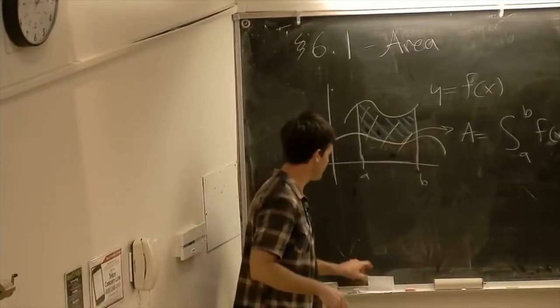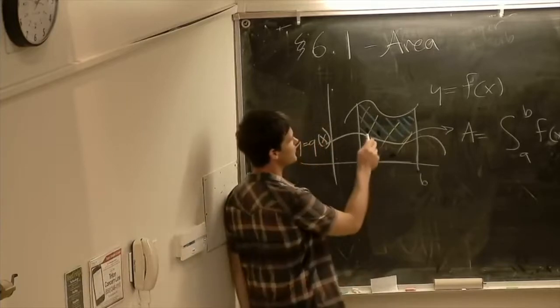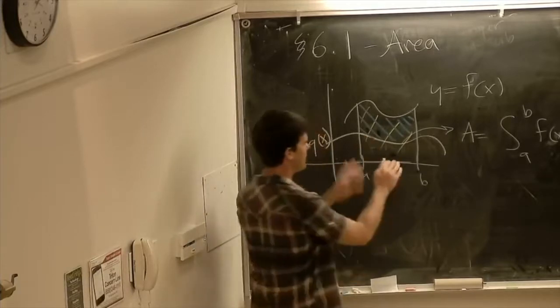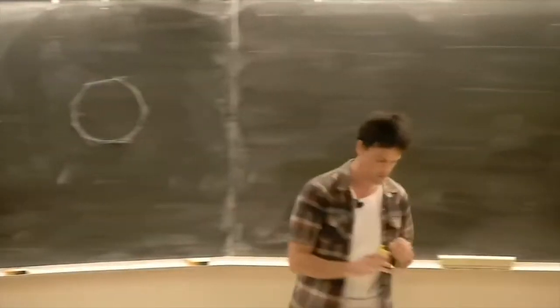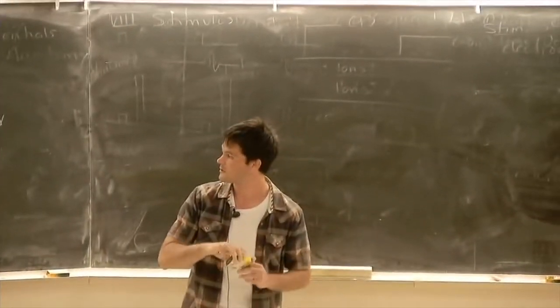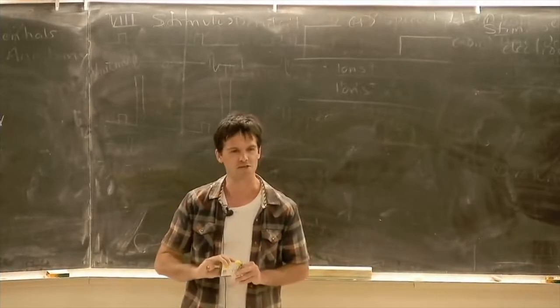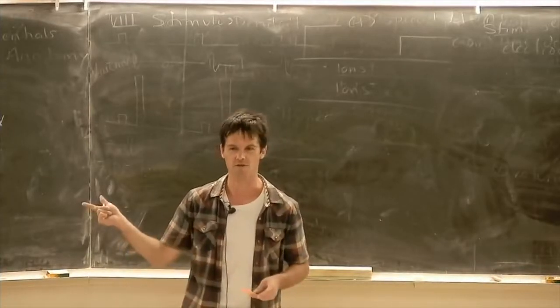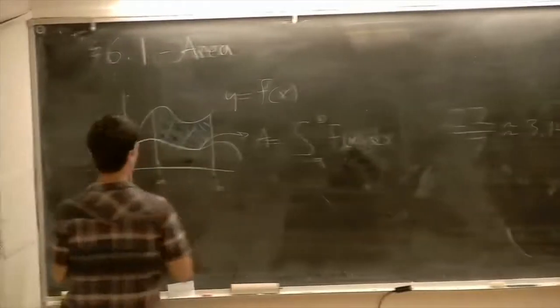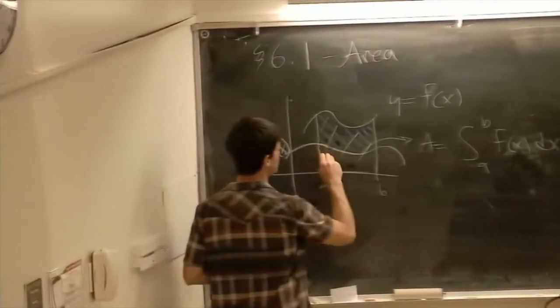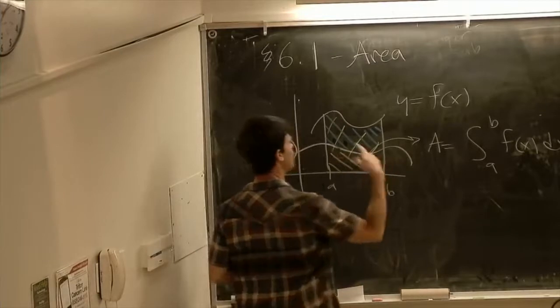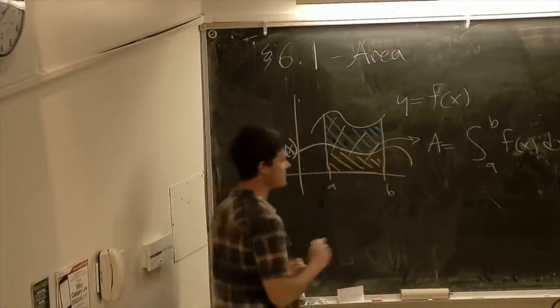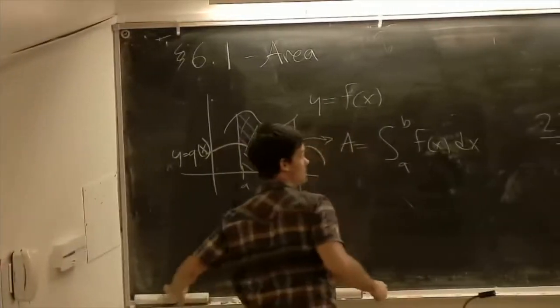We can, if you notice that you can get the blue area by taking the green area and then subtracting off, well, I didn't assign a color to it yet. Does that make sense when I start describing shapes on the board by their colors? Yeah. Okay. So you take the green area, subtract off the orange area, and you get the blue area, which leads us to the following formula.